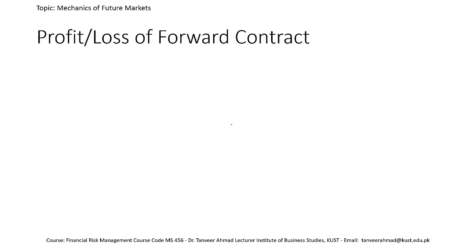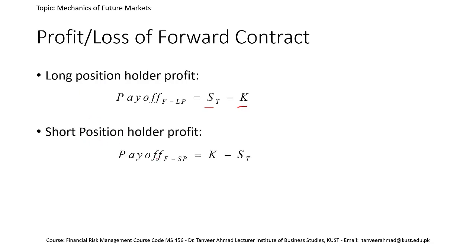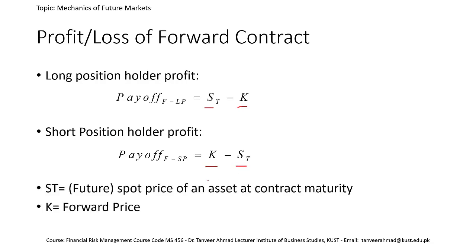So how do we calculate the profit or loss of a forward contract? To calculate the profit of the long position holder, our formula is ST minus K. And to calculate the profit or loss for the short position holder, our formula is K minus ST, where K stands for the forward price and ST stands for the future spot price.